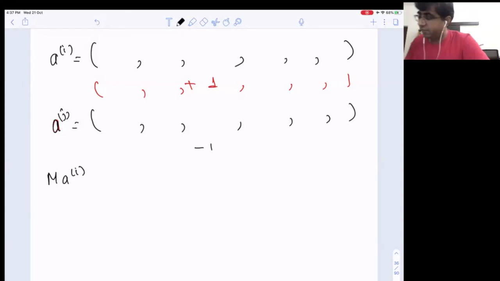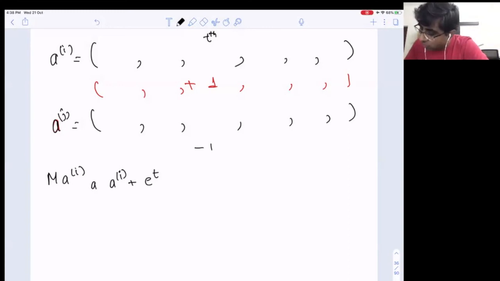I can write this vector, suppose this is some t-th coordinate, as the sum of these two vectors, which is nothing but A of i plus E of t.